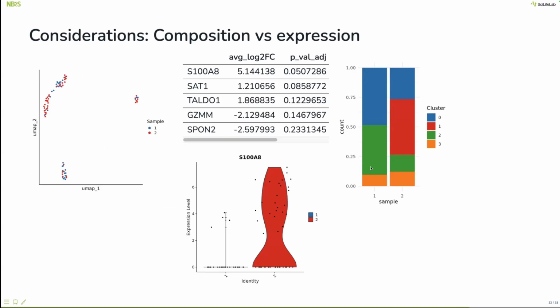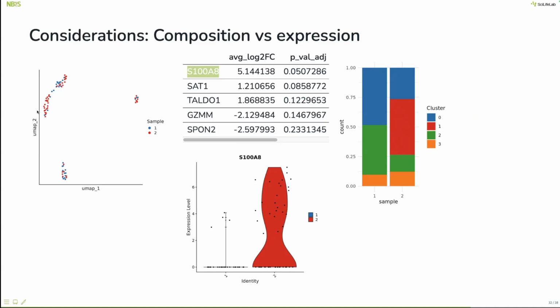Another thing that is easy to get a bit lost in, I think, in single cell is if you have 2 samples and they have different distribution of cell types. For example, here, this cluster is all from sample 2. And so if we compare sample 1 and sample 2, we'll see that some of the differentially expressed genes, although here it's not significant, but you get the idea, they might be specific to a cell type.